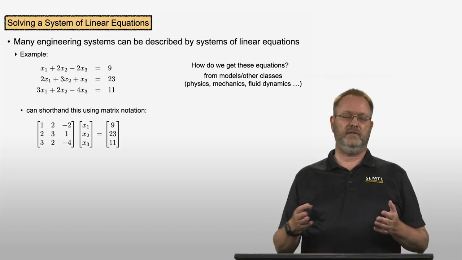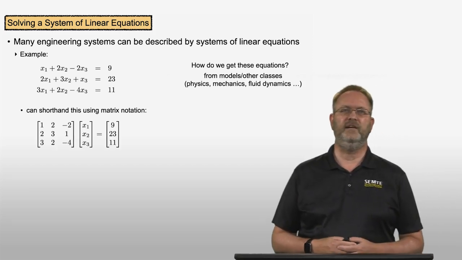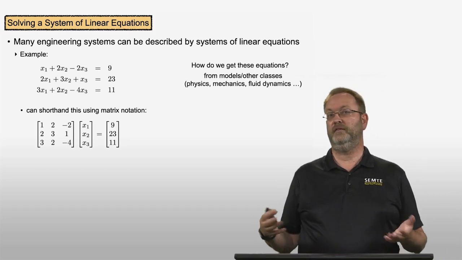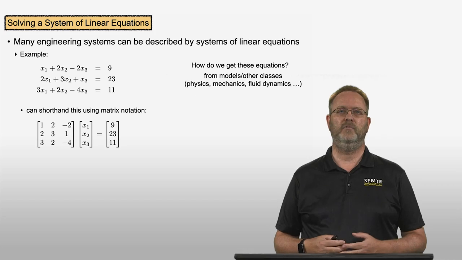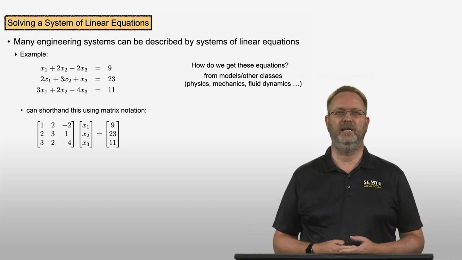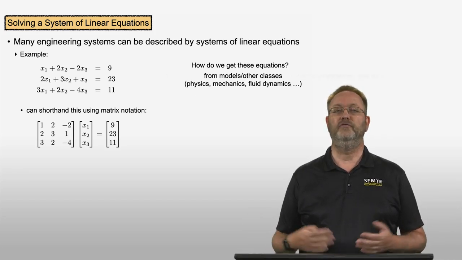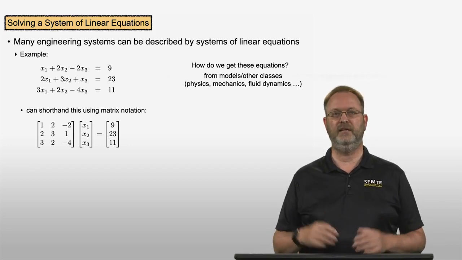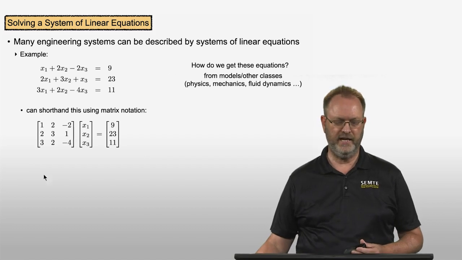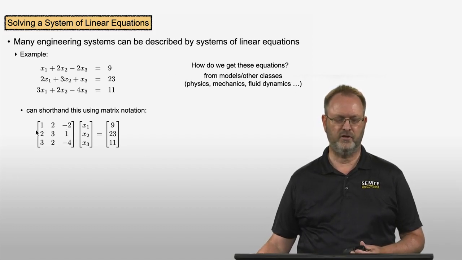So now the system of equations written up there can be written in a shorthand using matrix notation, which you should be familiar with from linear algebra. So the coefficients that multiply the unknowns x1, x2, and x3 can be written inside of a matrix, where each row of this matrix corresponds to one of the equations up here.